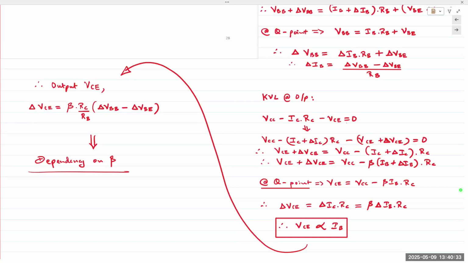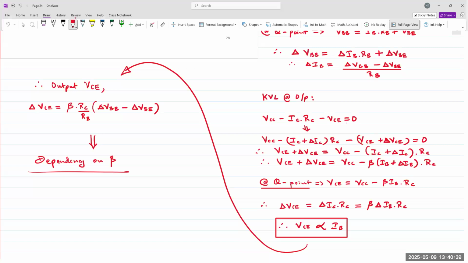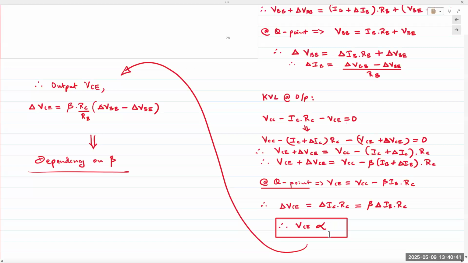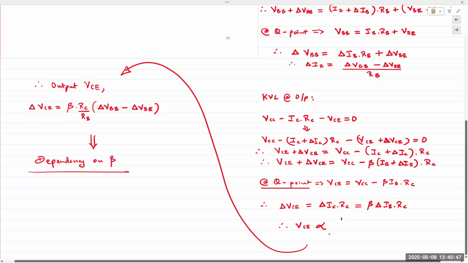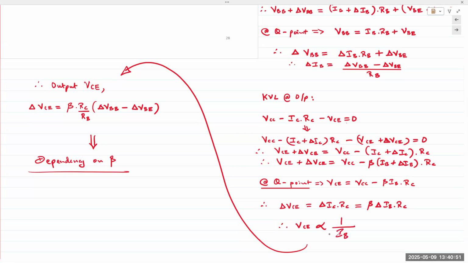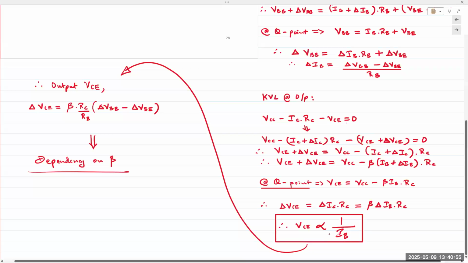Actually, sorry, it's inversely proportional. Let me make that change. As IB increases, IC increases, and as IC increases, VCE is going to decrease. That's why it's 180 degrees out of phase.